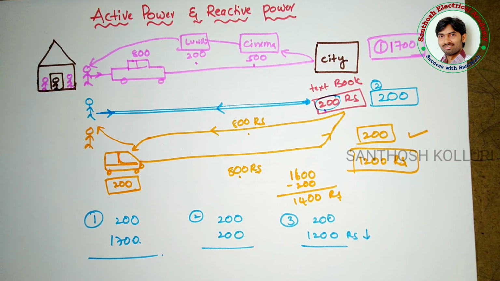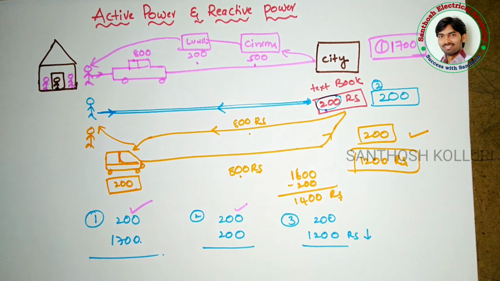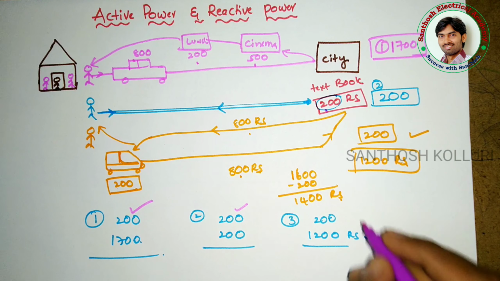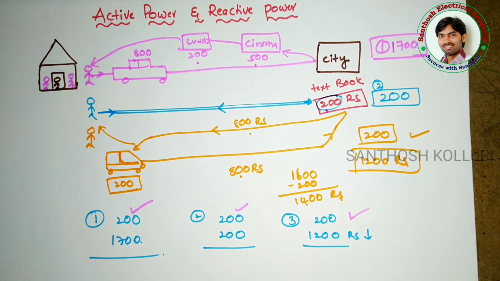If you compare these three systems, which is the best system in our regular life? Generally we prefer this kind of situation. We never ask for a lift in some vehicle, or take an auto, and we never earn money.